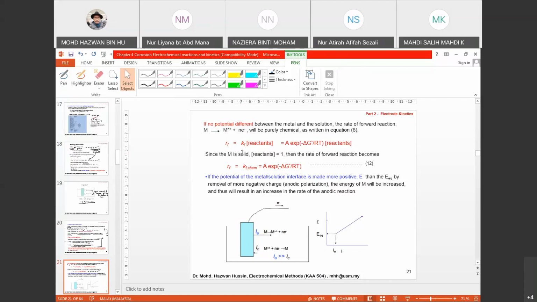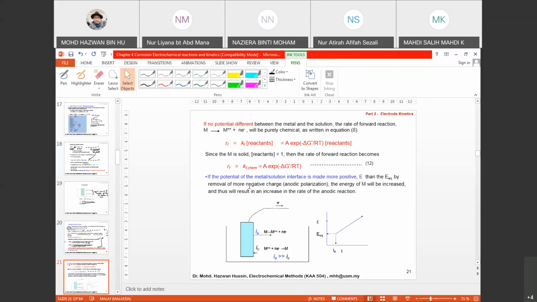The rate of forward reaction is equal to Kf times the reactant, and when you substitute, K is basically A exponent minus delta G asterisk over RT, multiplied with the reactant. Since M is solid, the reactant equals 1, because it doesn't have any concentration. Then the rate of forward reaction becomes Rf equal to A exponent minus delta G asterisk over RT.